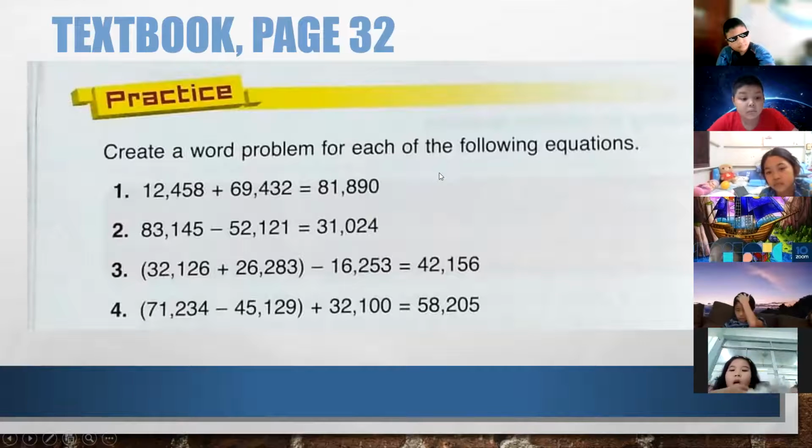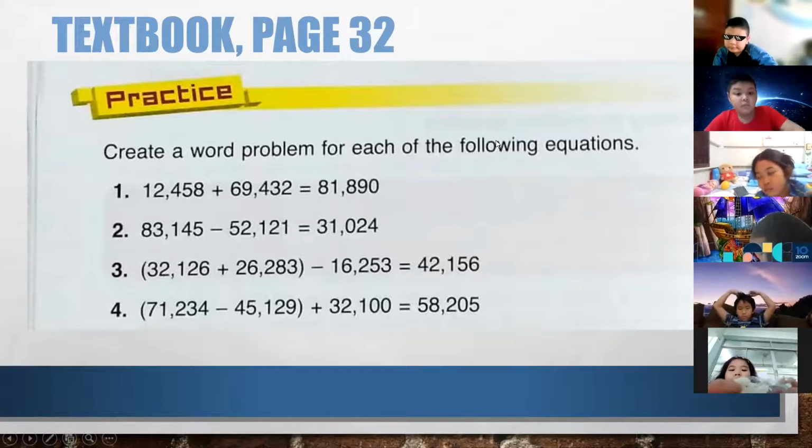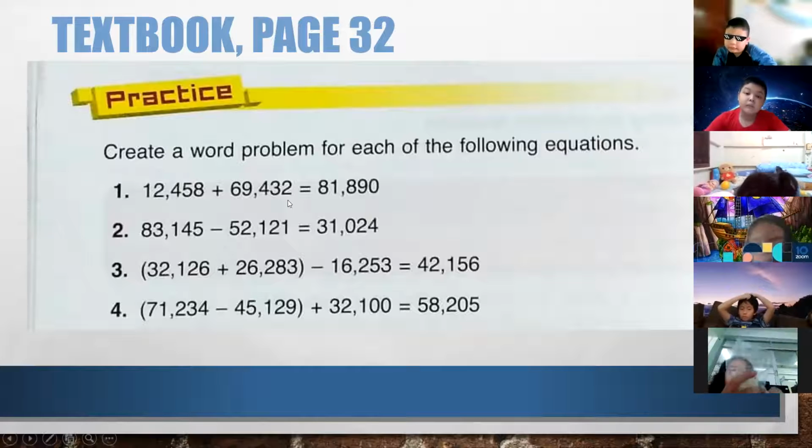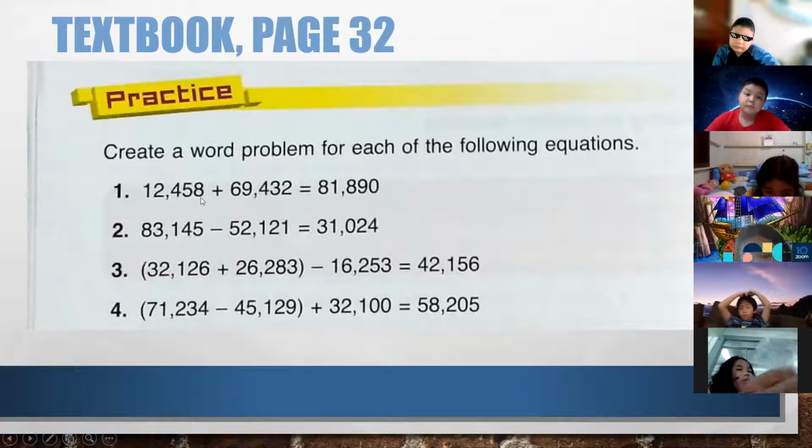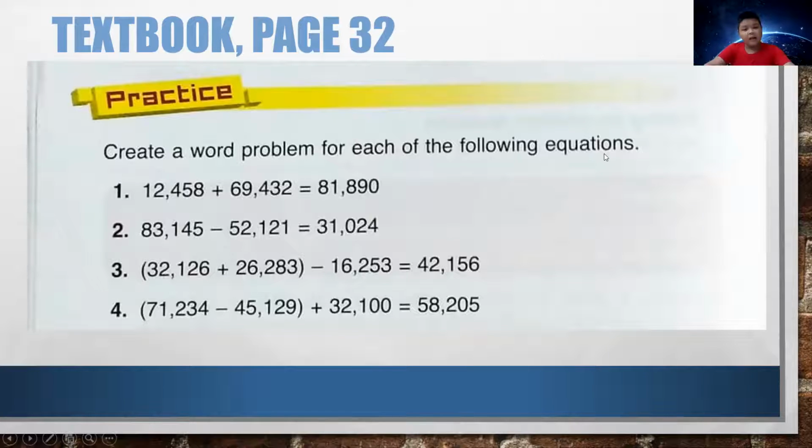Curve, step 1, you have to think of things describing 12,458. There are 12,458 cakes.